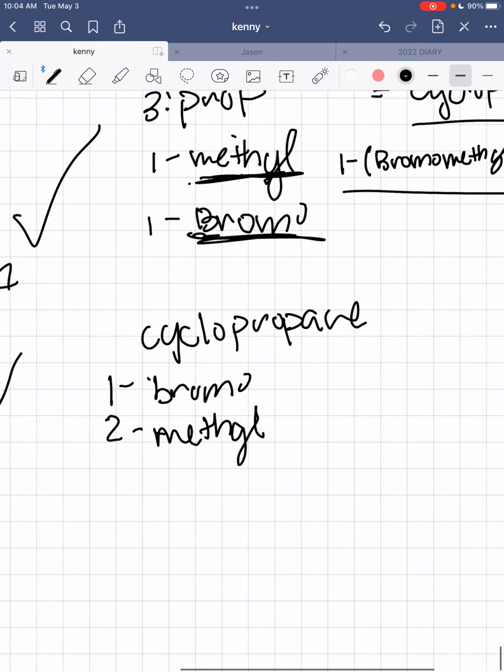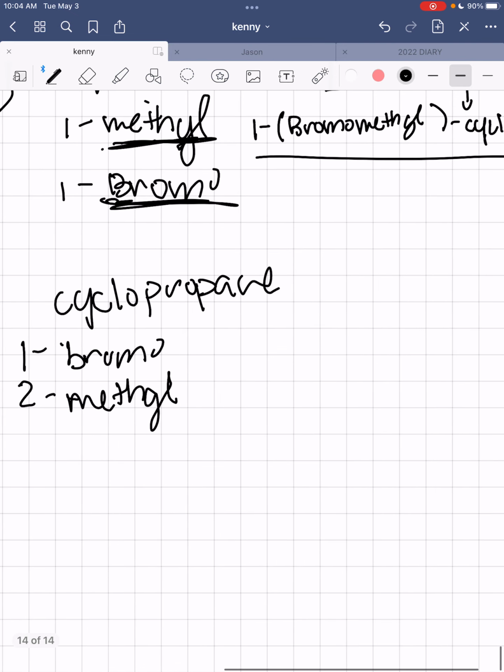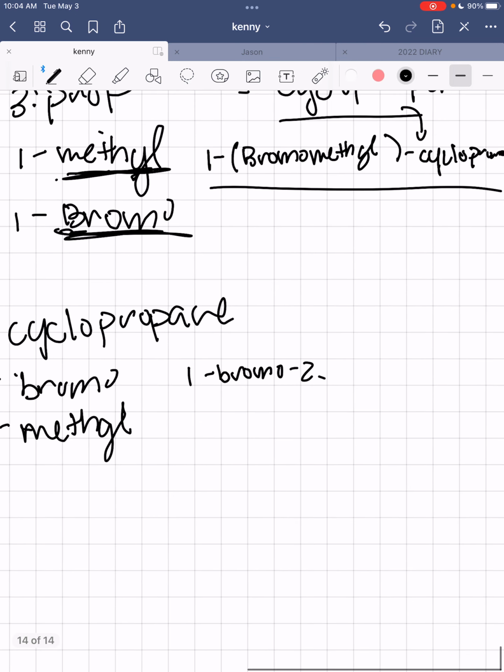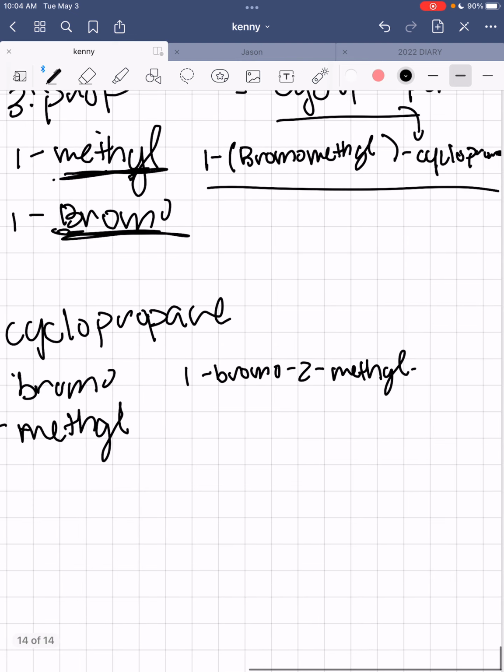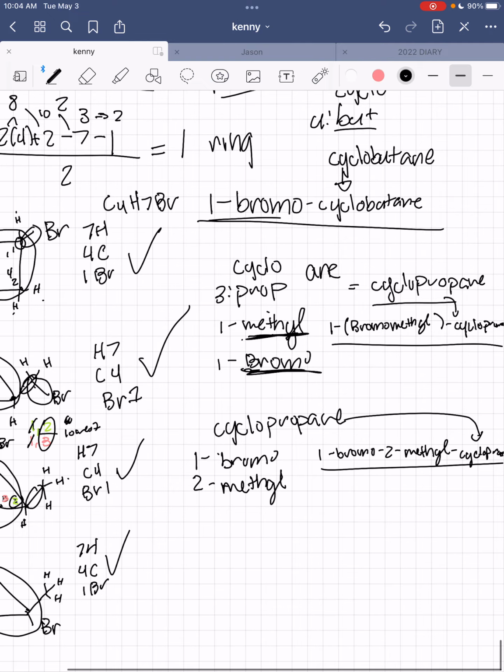Now we just need to put this all together. So it'd be 1 bromo, 2. Oops. And this is why it's very important to have the parentheses on this one, because no, I'm talking about a different one. Ignore that. Okay, it goes here. Just imagine having enough space to write that, and that would just go there.